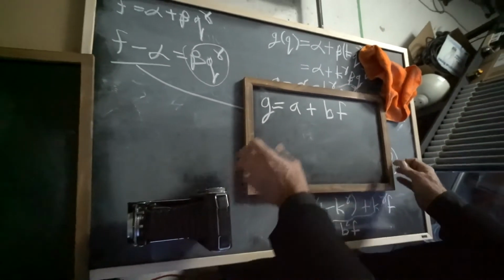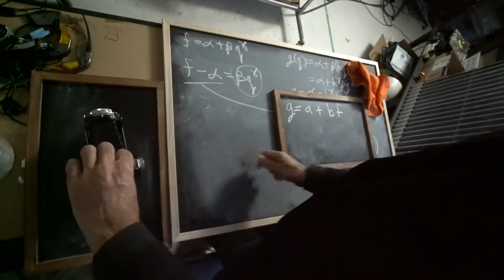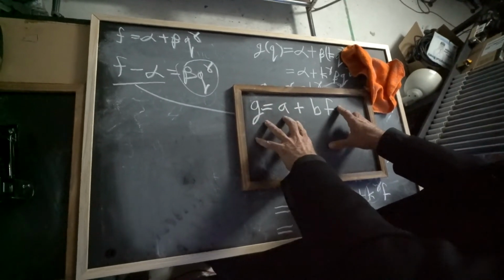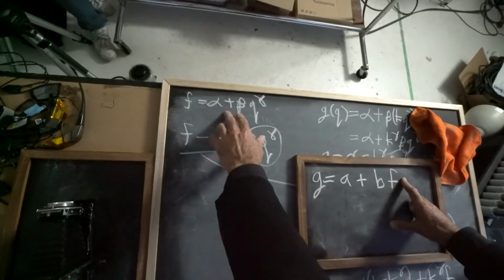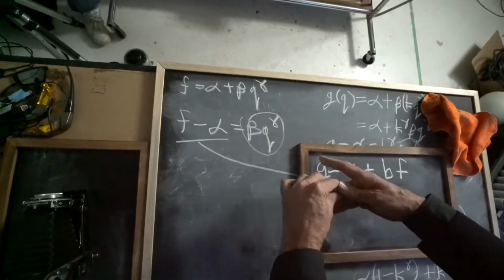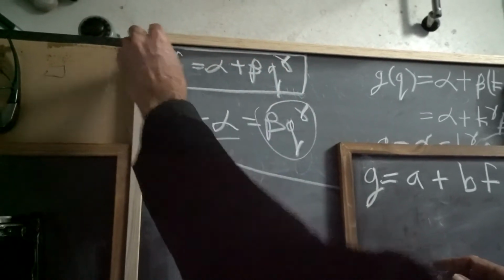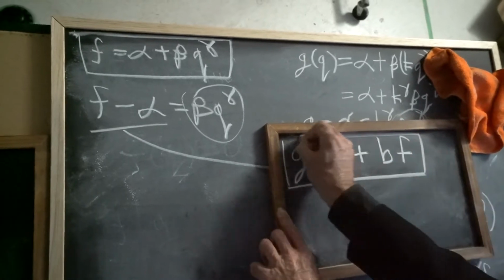And the solution of this comparametric equation is this: f equals alpha plus beta q to the gamma. So this here is a solution to that there.